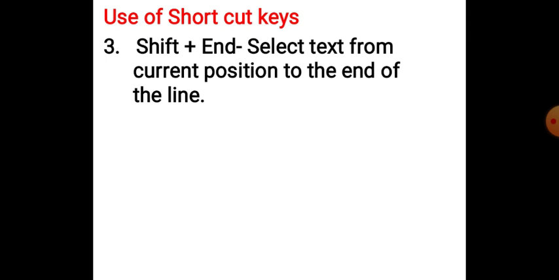If we want to select the text from the current position to the end of the line, then we will use shift and end key together. Please remember, in case of shortcut keys, first we will press the shift key and then without releasing it we will press the end key. We must not release the shift key, we have to keep pressing it continuously, and then we will use home key and end key. Okay, so with the help of shortcut keys also we can select our text and do editing work.